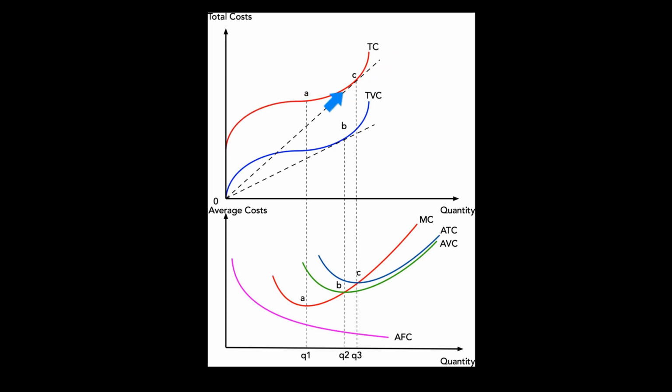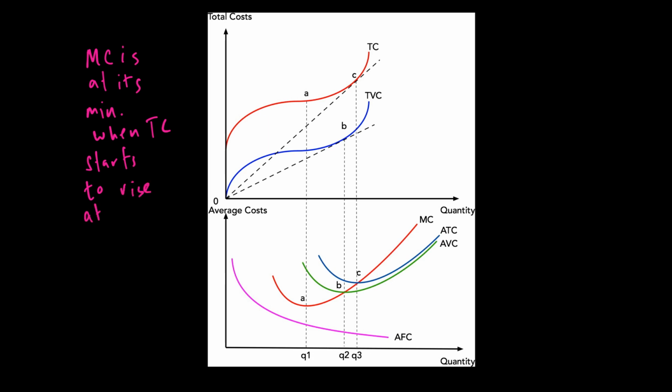So MC is at its minimum when TC starts to rise at a faster rate. And that's exactly because of the law of diminishing returns.